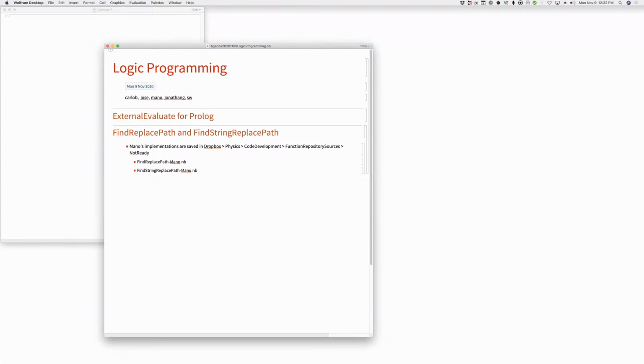And let's take a look here. Now, this isn't adequate. I mean, hold on. Development. What is different between Mano's version of this?